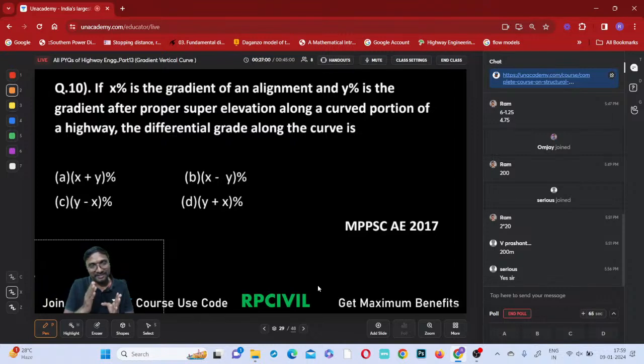Read the question carefully, what is given and what is asked, what is X, what is Y. Observe carefully and select the answer properly.